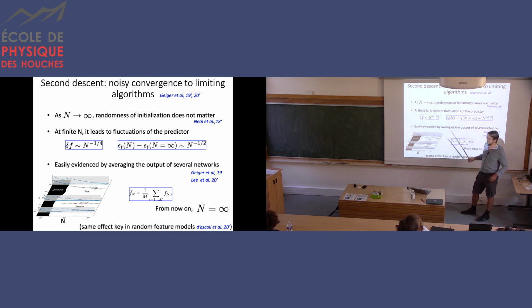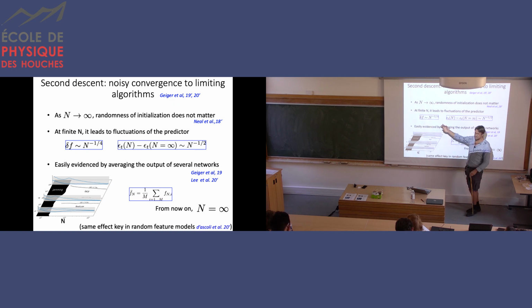And that's something we worked out with Arthur Jacot and Clément Hongler in the kernel case. One effect that you can isolate is the fact that your kernel will have fluctuation at initialization. And what you find is that those fluctuations, it's a sort of central limit theorem for the kernel, go like 1 over the square root of the width, which means, n being quadratic in the width, n^(-1/4). So the fluctuation of the kernel leads to fluctuation in the function after training.